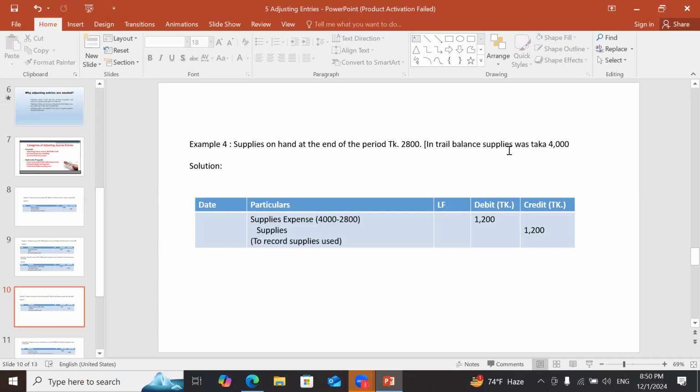In trial balance, 4,000 of supplies is one kind of asset, but at the end of period on hand is 2,800, and the other amount is already expense. So supplies expense debit, supplies credit: 4,000 minus 2,800. Clear or not? Yeah, it's clear. Okay, very clear, very simple.